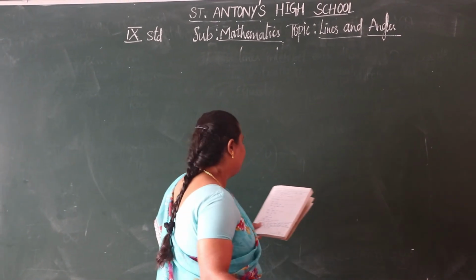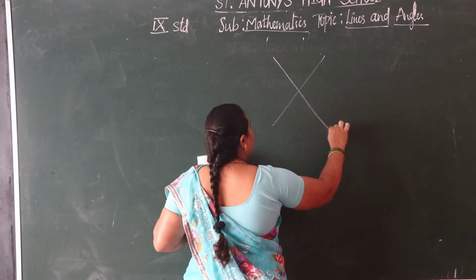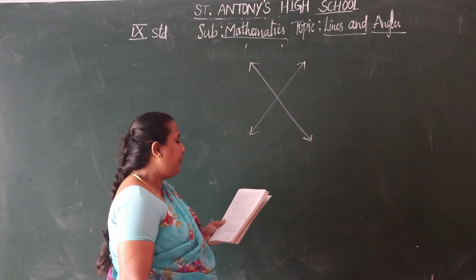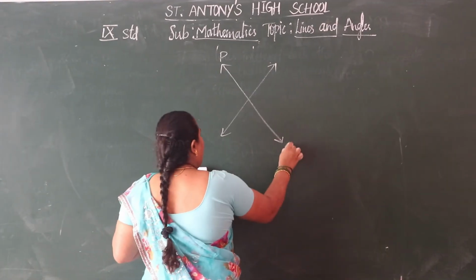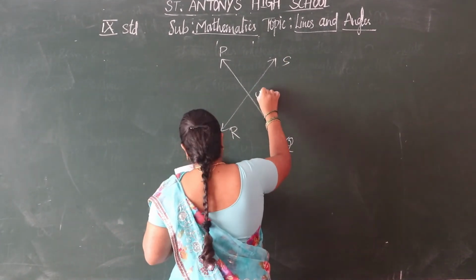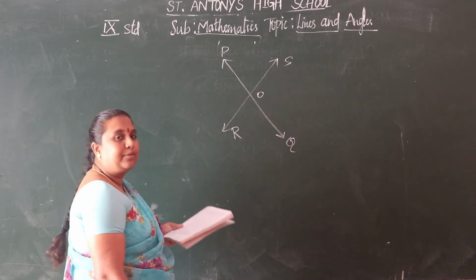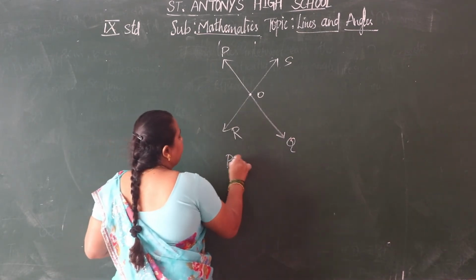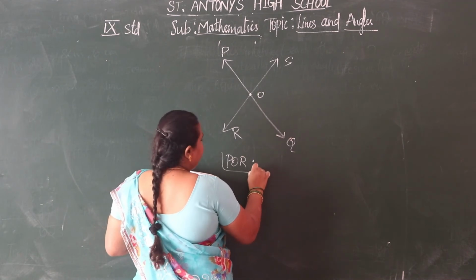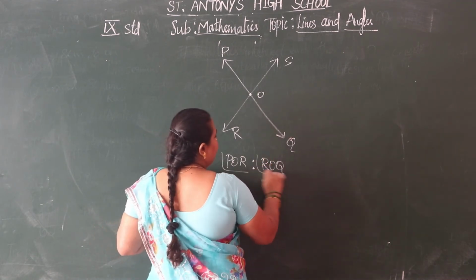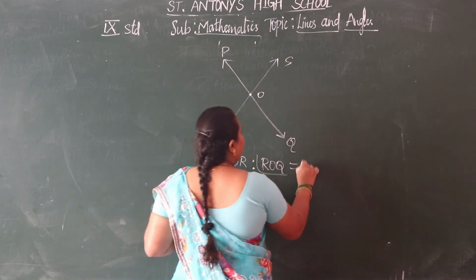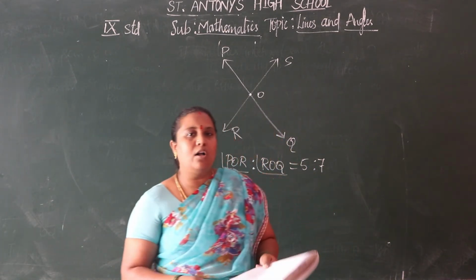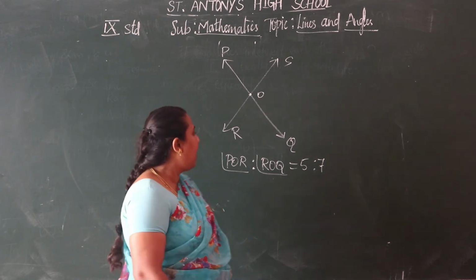In the given figure, lines PQ and RS intersect each other at point O. If angle POR to angle ROQ is in the ratio 5:7, find all the angles. We want to find all the angles here.